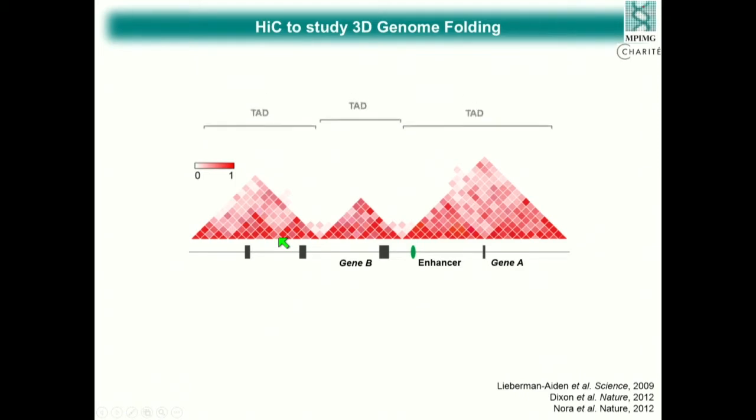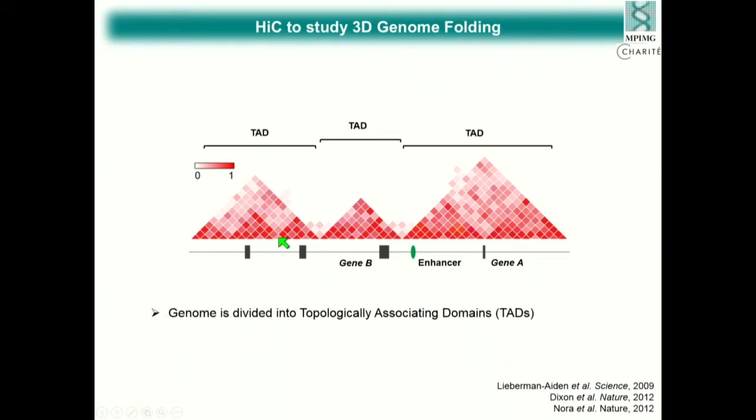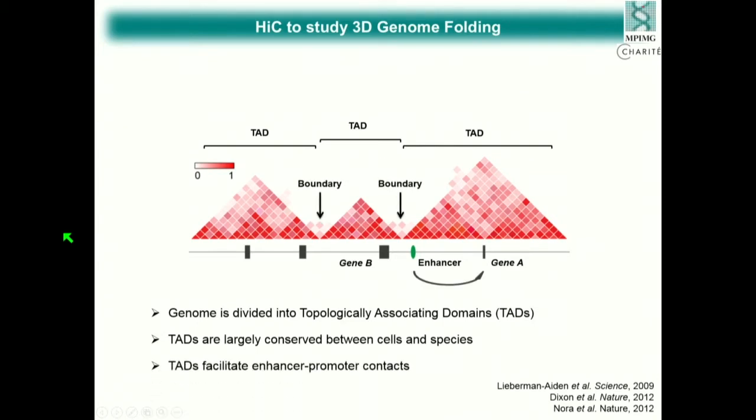These regions are called topologically associated domains, TADs. They are pretty much conserved across different cell types and also, to some extent, between species. And one of the most important effects of TADs for gene regulation is that they facilitate enhancer-promoter contact, right?